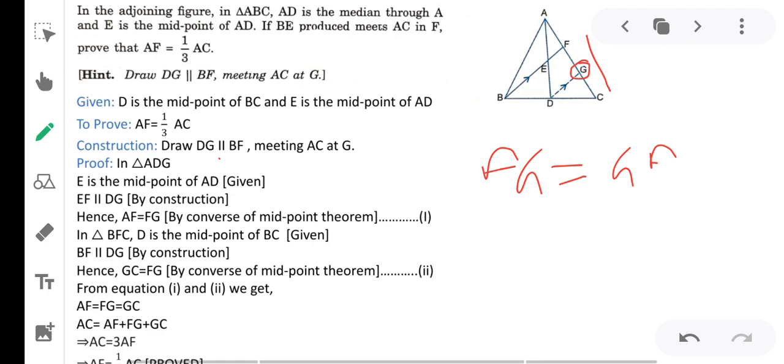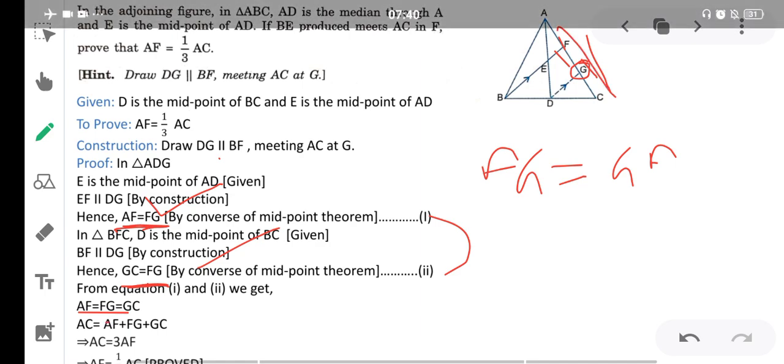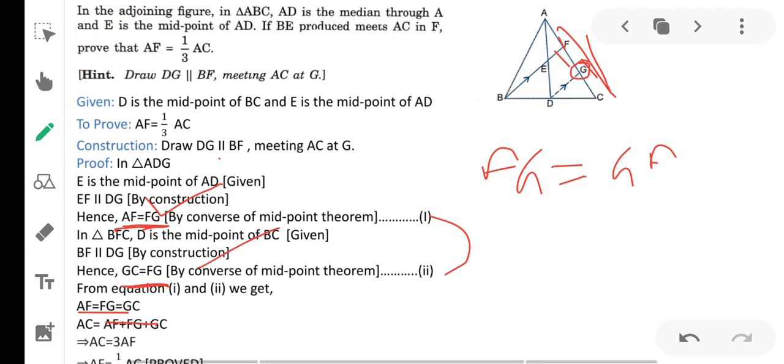So we have already proved that AF equal to FG. Here AF equal to FG, and GC equal to FG. So from these two equations, we can write AF equal to FG equal to GC. Clear? And AC equal to AF plus FG plus GC.